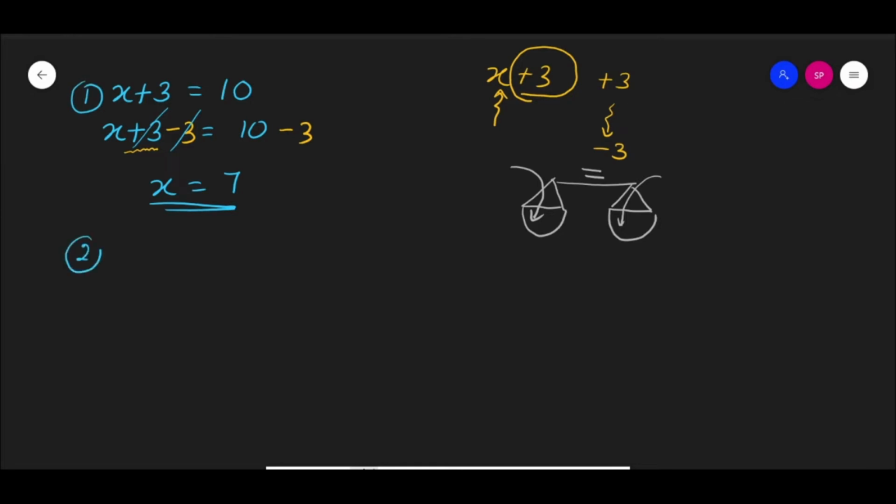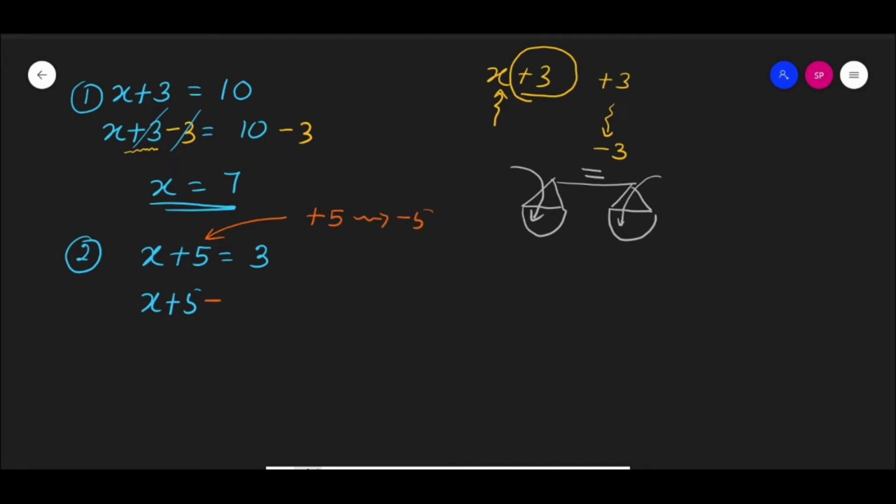I will give another example: x plus 5 equals 3. Now, in x plus 5, you have to identify the inverse operation. Here it is plus 5, so the inverse operation is minus 5.